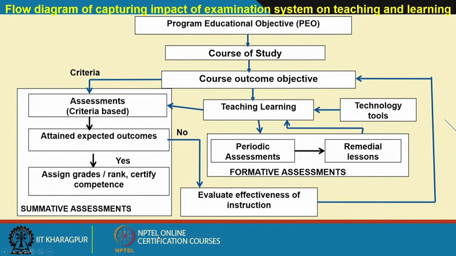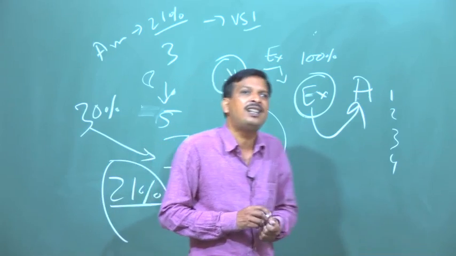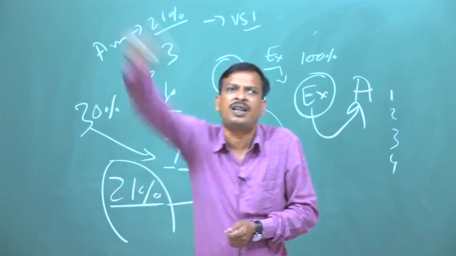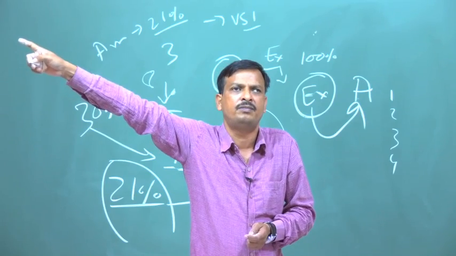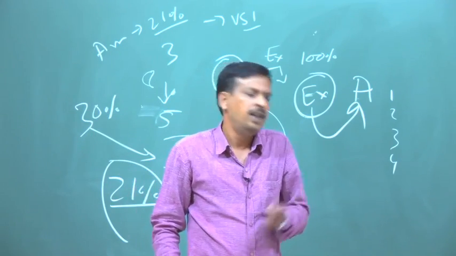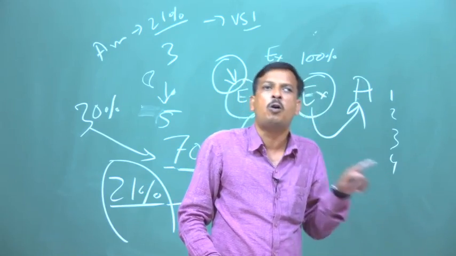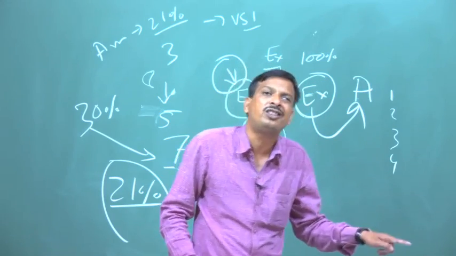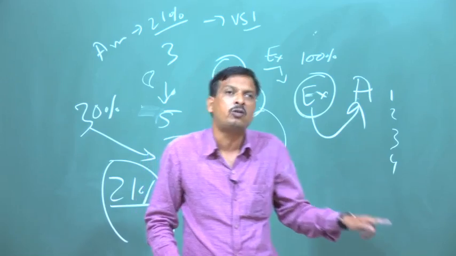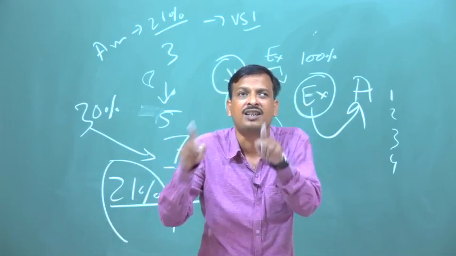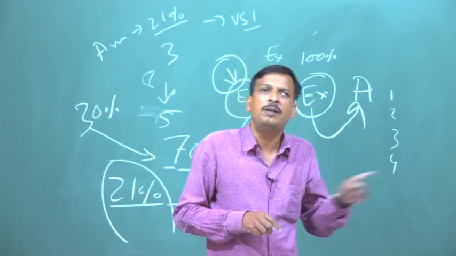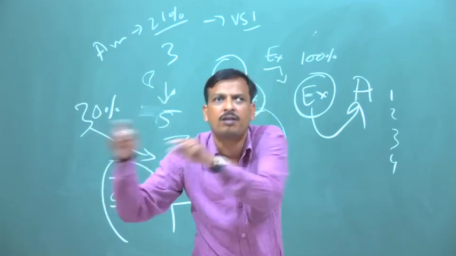Why do I say assessment plan? Because this assessment is not only summative assessment at the end of the semester or at the mid sem. It may consist of a project, a home assignment, writing a program, designing a simulation, or designing a model.